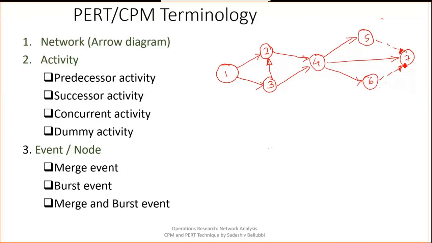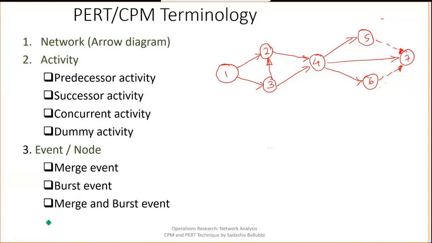Here we need to study the merge event and the burst event. What is the merge event? When more than one activity arrives and joins an event. If more activities are arriving at or joining any one event, we call that event a merge event.